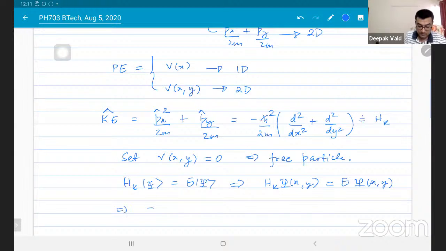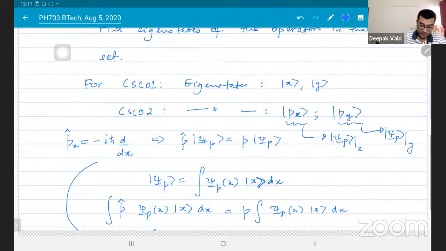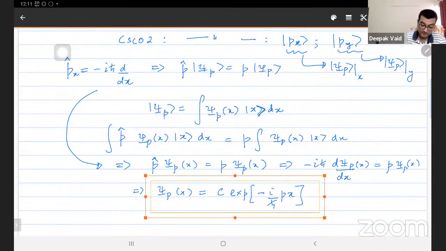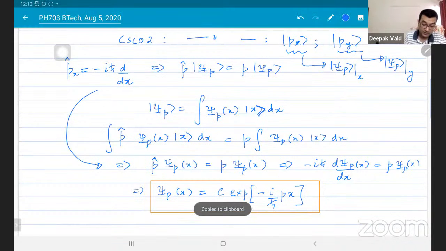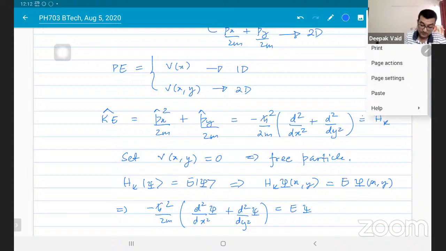What does this become? This becomes minus h bar square by 2m, d by dx square psi plus d by dy square psi is equal to E times psi. So this is the Schrodinger equation for a free particle in 2 dimensions.